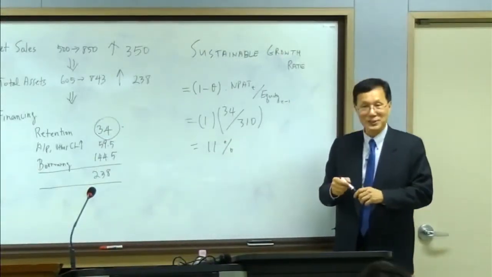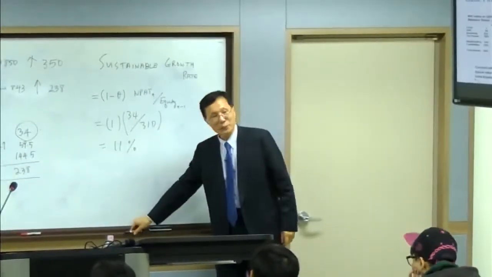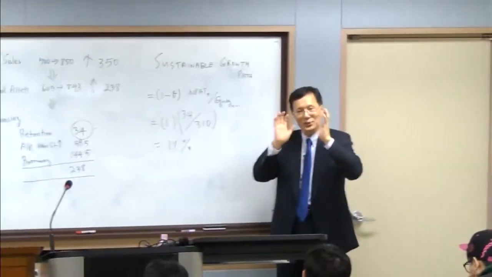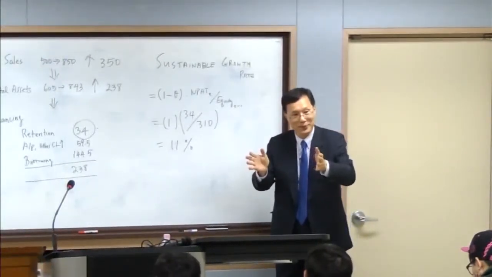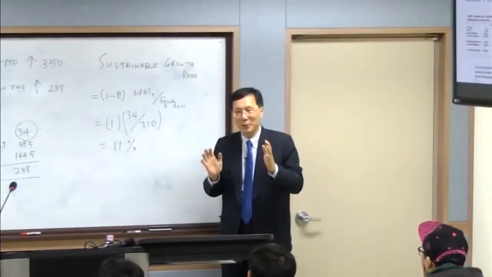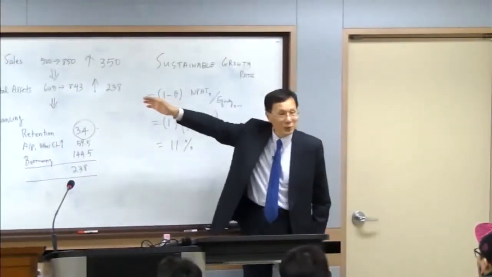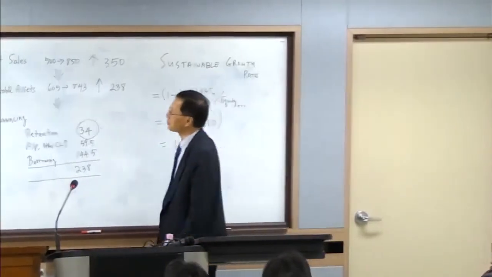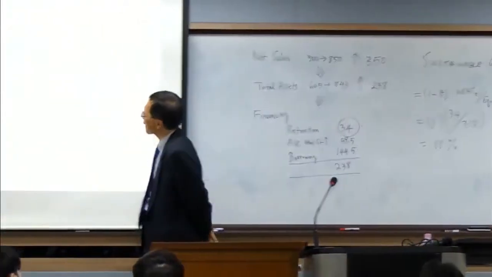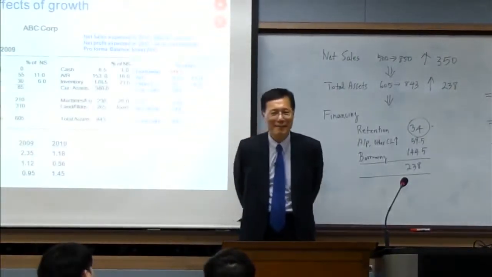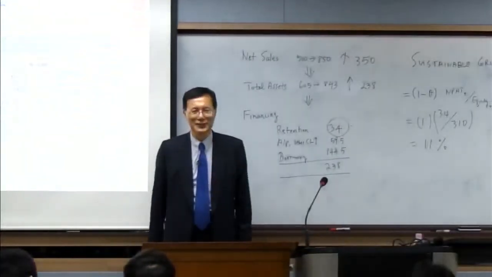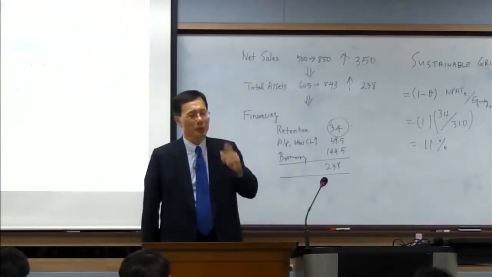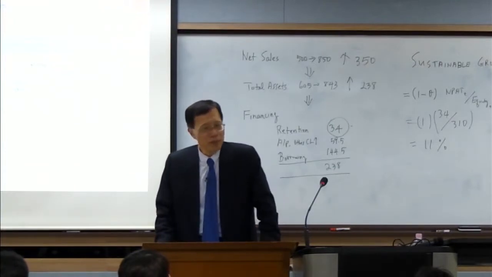If the company grows by 11%, the company's debt ratio will still be the same. Debt ratio will be about the same. But the company is growing at 70%. So too much growth is sometimes painful. It's called growing pain.